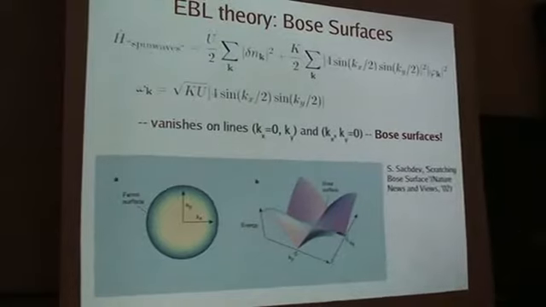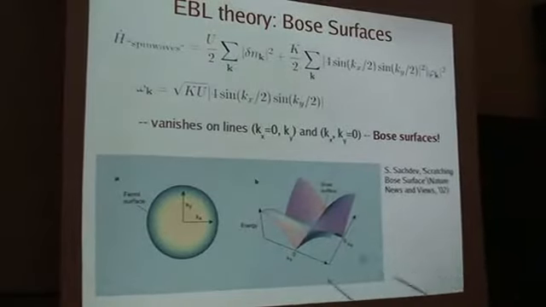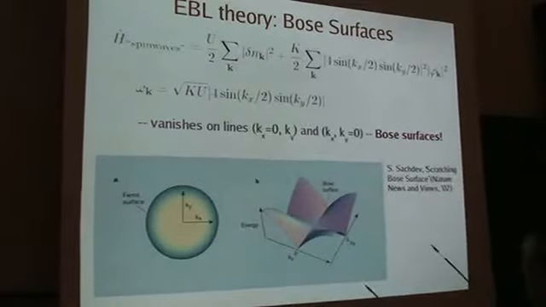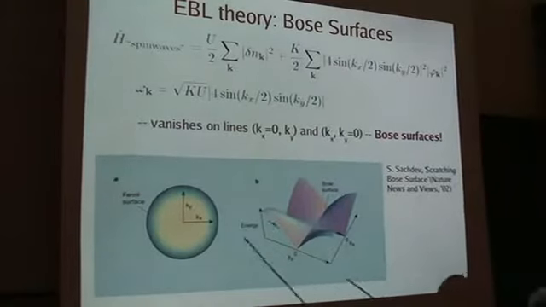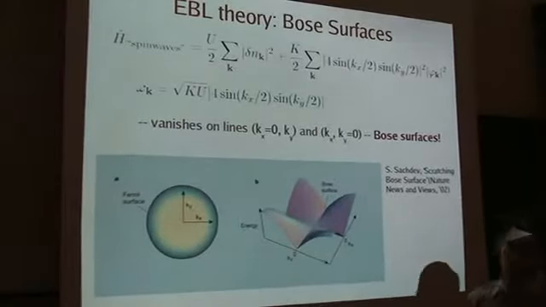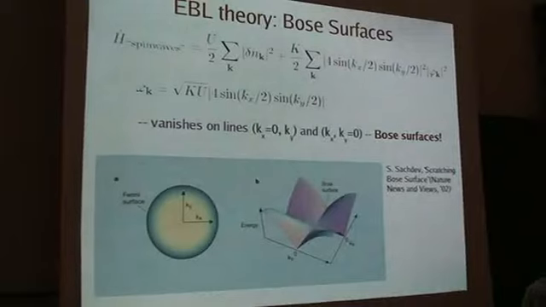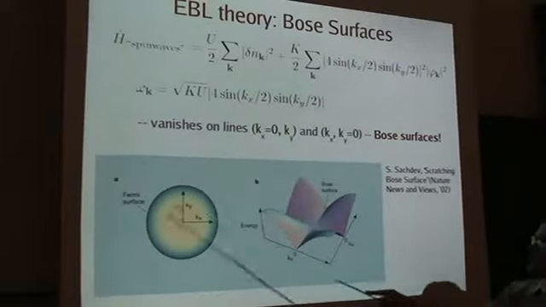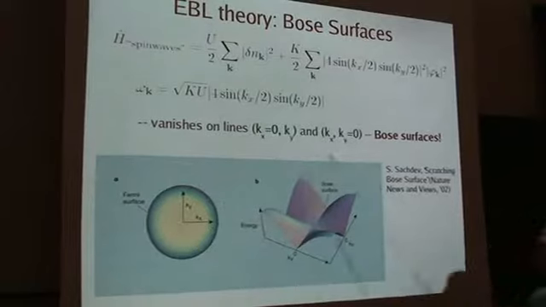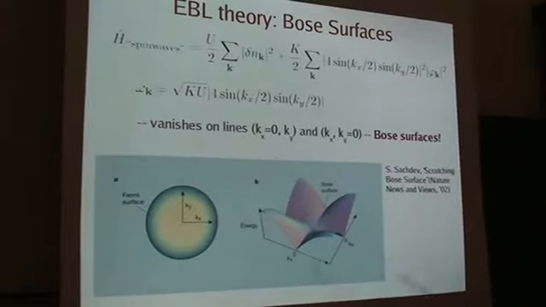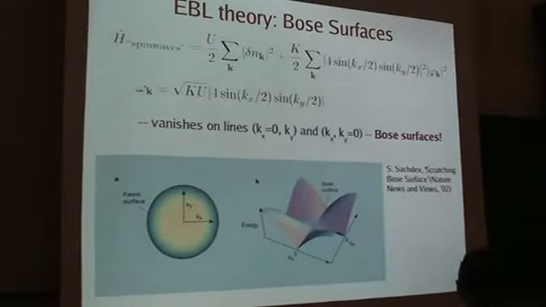This somewhat resembles the situation of fermions in a metal, where we also have a surface of low energy excitations, except that here we have a surface of low energy excitations in a bosonic system.